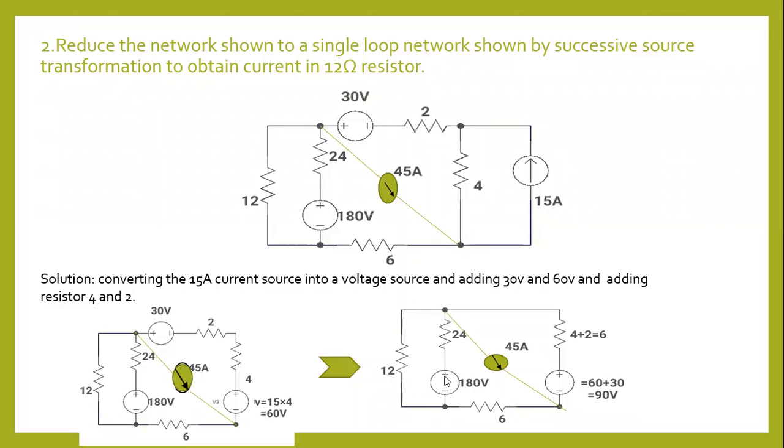The rest of the circuit is connected as such. The 90 volts, we will transform to a current source. The 24 ohm resistor and the 6 ohm resistor we will add together as both are in series.